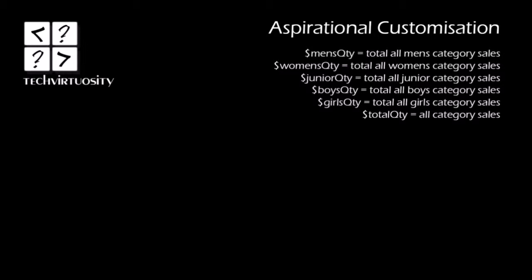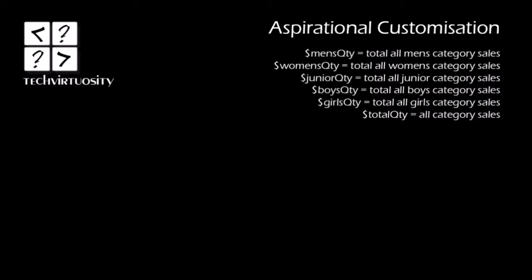So here we've got, for example, men's quantity, which is the total of all men's category sales. So all of the sales of men's fashions, men's footwear, men's sportswear, and men's accessories make up men's quantity. Similarly, the same thing happens for women's quantity, junior quantity, boys quantity, and girls quantity.